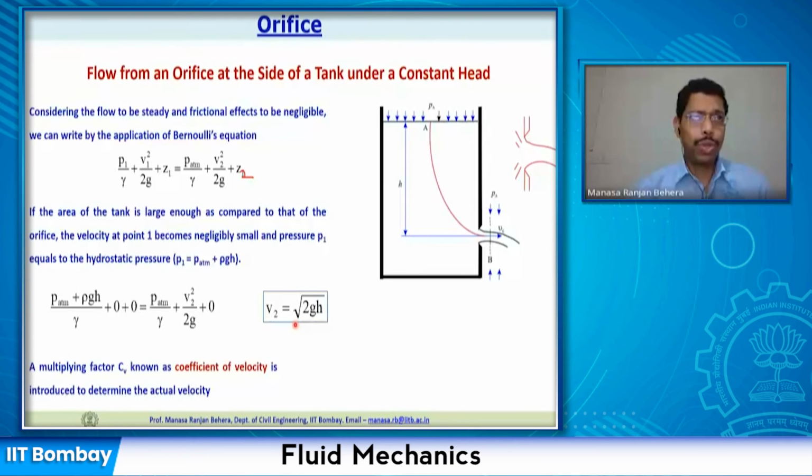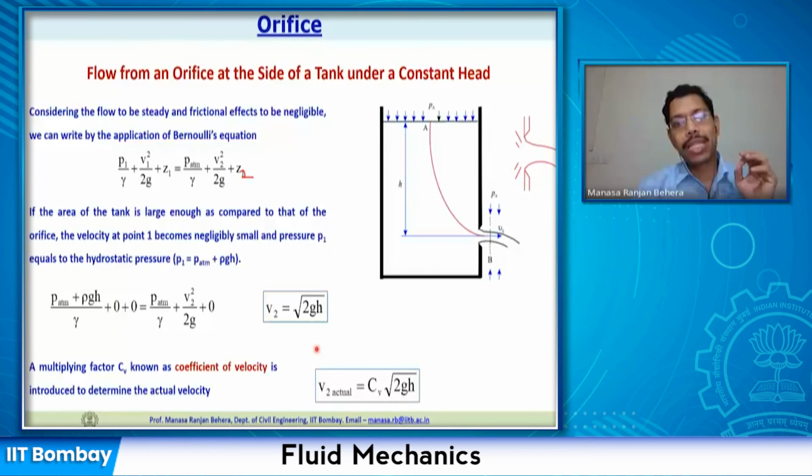Okay, so a multiplying factor Cv, that is known as the coefficient of velocity, is introduced to determine the actual velocity. What we have got here is the theoretical velocity. Applying the Bernoulli's equation, assuming the flow is ideal, what we got is the theoretical velocity. Now to get the actual velocity, we have to apply the coefficient of velocity, that is Cv.